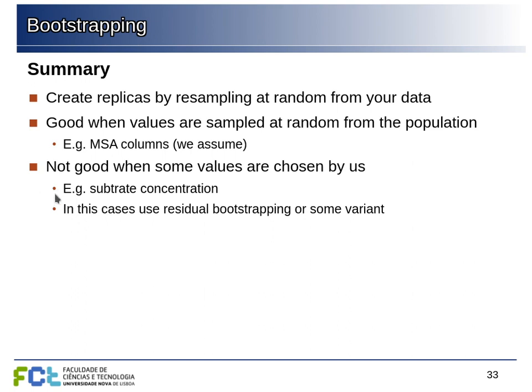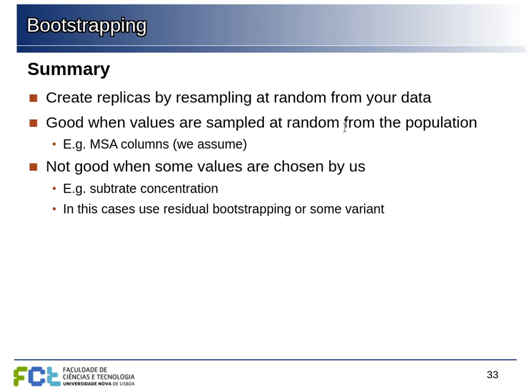If we have a situation where some of the values are actually chosen or fixed by us, for example, substrate concentration in the Michaelis-Menten kinetics example, then we cannot use basic bootstrapping, but we can use residual bootstrapping, or there are many variants like wild bootstrapping and so on, but the idea is basically the same.